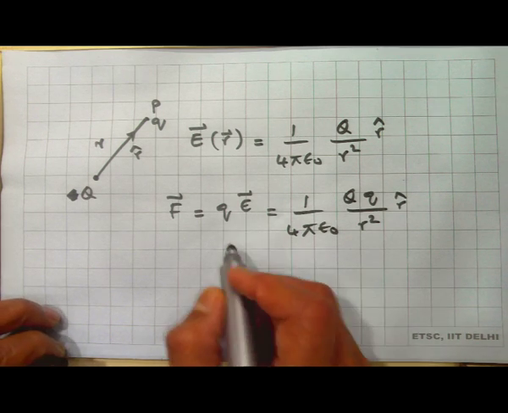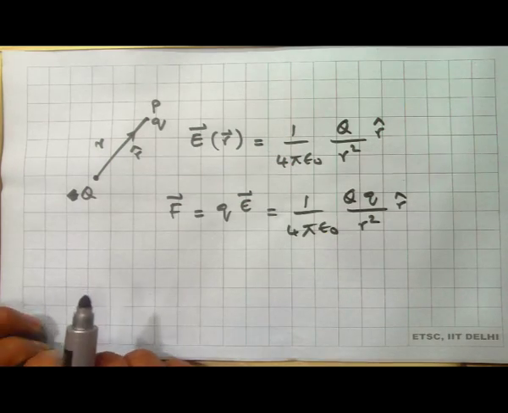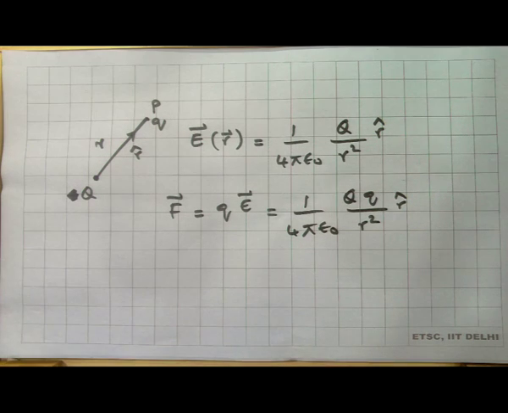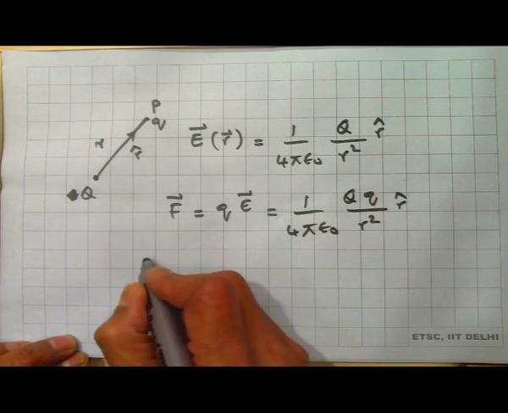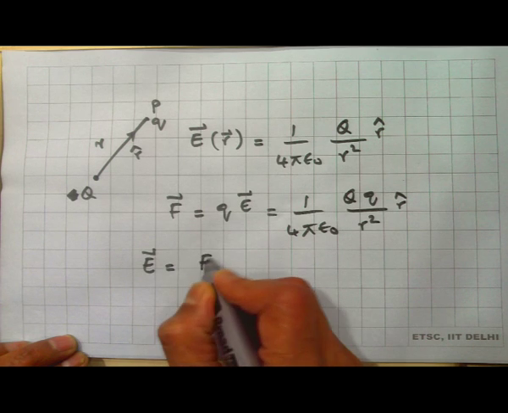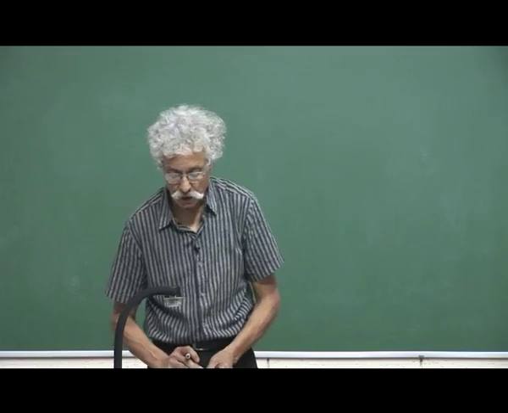So, this electric field is produced by these charges, and it is the electric field which is the intermediary which is responsible for attraction and repulsion of these charges. From this discussion, it also follows that I can define the electric field as force divided by charge, or force exerted per unit charge.